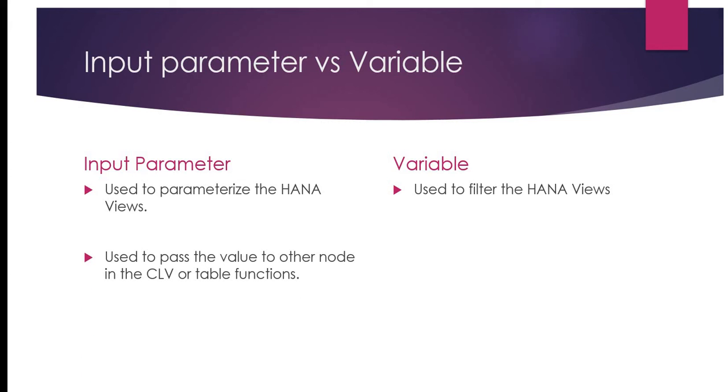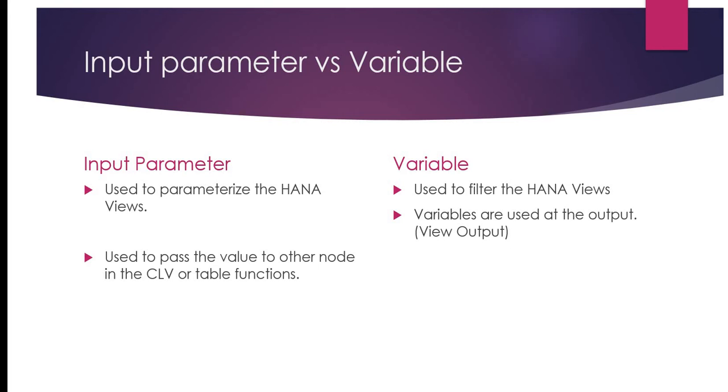A very important thing is that both can be accessed from the user point of view. You can create both fields at the UI, so the user can type anything they want, whether in a variable or in an input parameter. But inside, the variable works at the output level.